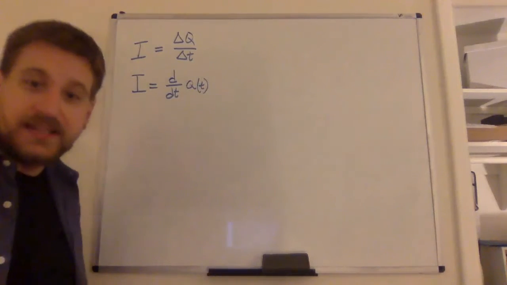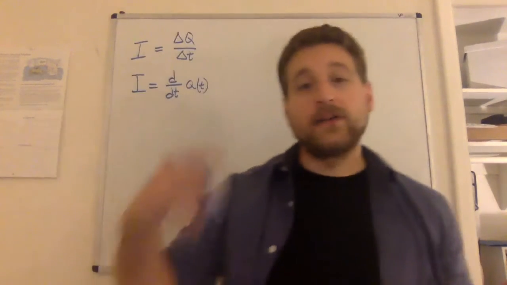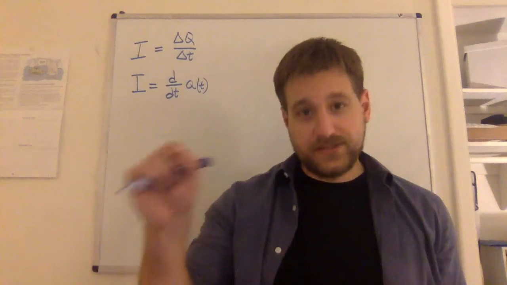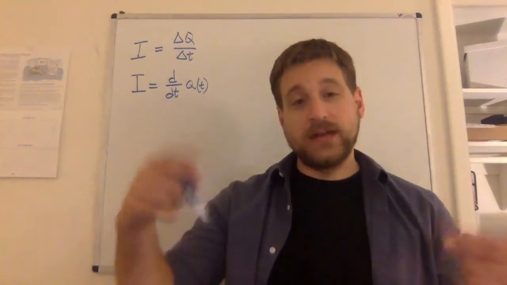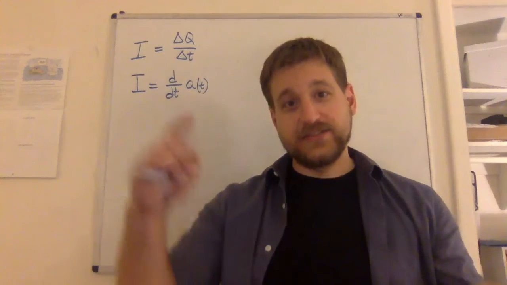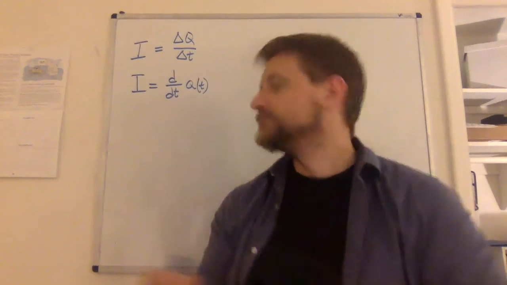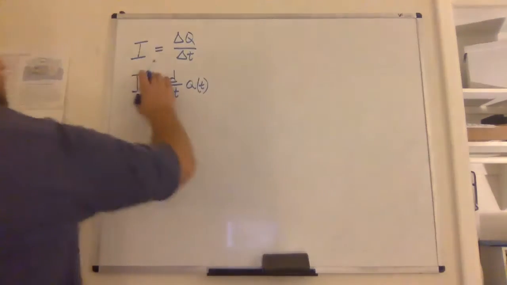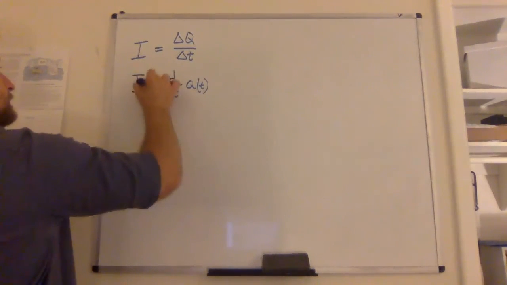And that means we're taking a derivative. We're asking at what rate is charge moving through at this time? How fast, how much charge per second is moving through now? This gets us the current as a function of time.